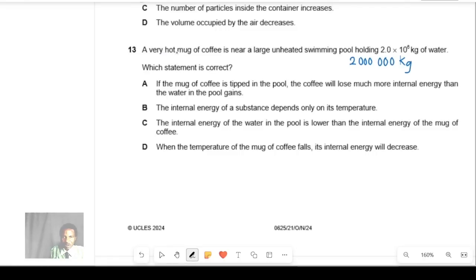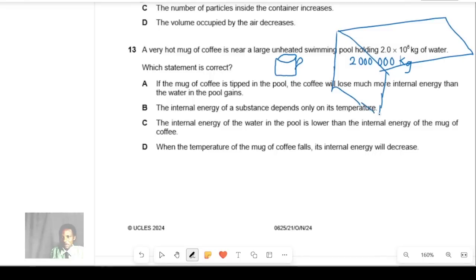And then you have a hot mug of coffee. This is just a small cup. No matter how hot it is, you put it into the water in a swimming pool. So you have water in this big swimming pool here.